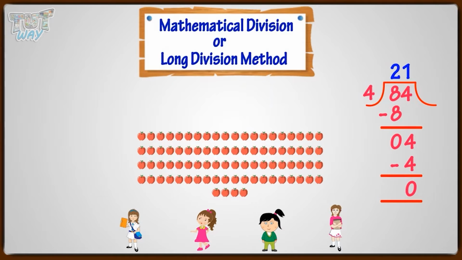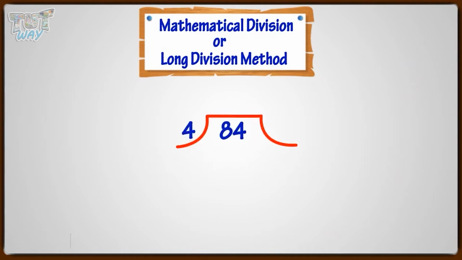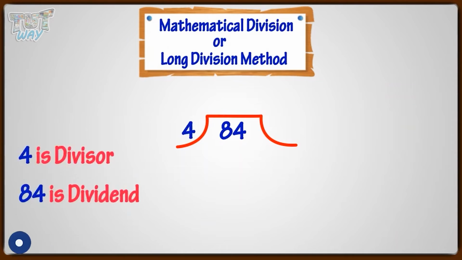And the answer that we will get will be our quotient. And if any number is left after the division, that is called remainder. First of all, write like this. Here, 4 is our divisor. 84 is our dividend.